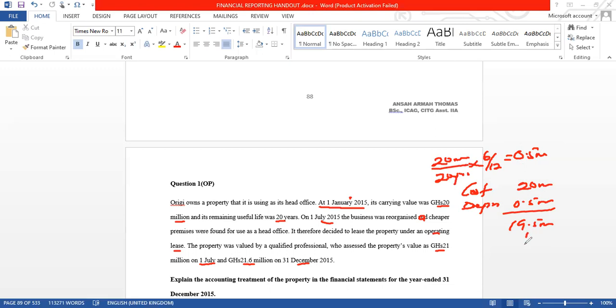The transfer was made, and the value is now 21. So it's actually 21. So we are having 21 million, which means that there is a revaluation surplus here at this time.